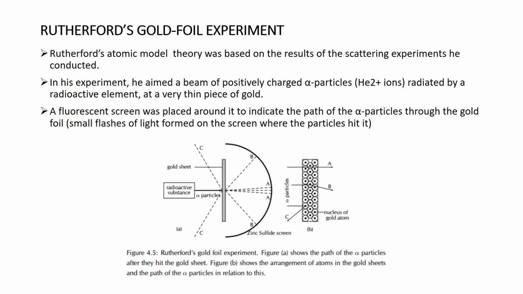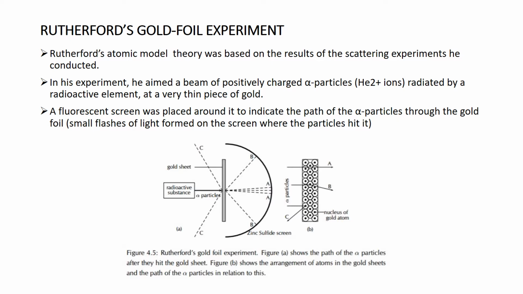So in his experiment, he aimed a beam of positively charged alpha particles, which are helium ions, radiated by a radioactive element. So during this time, Marie Curie had already come up with the radioactive theory, which made it easier for Rutherford to do his gold foil experiment.